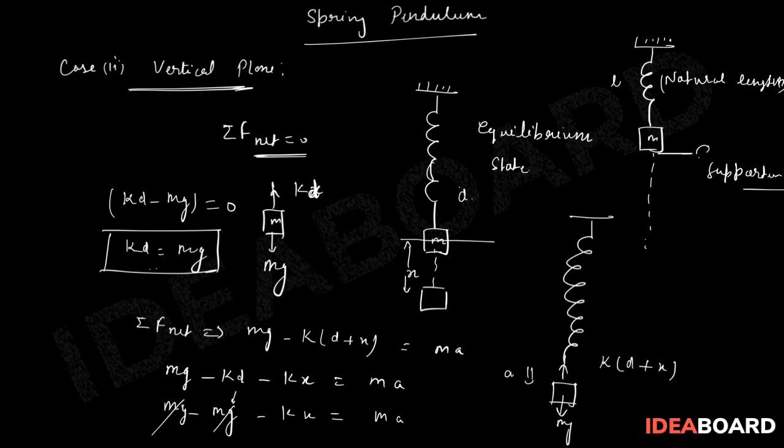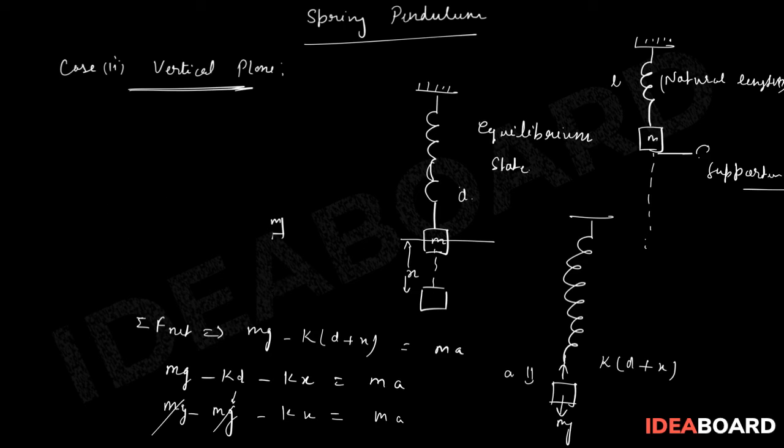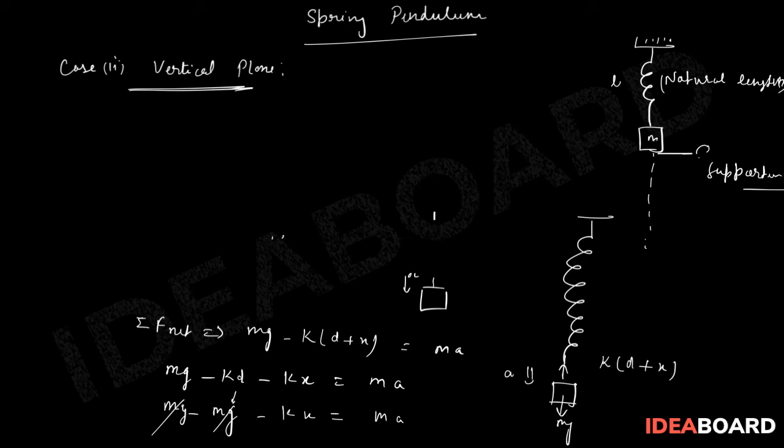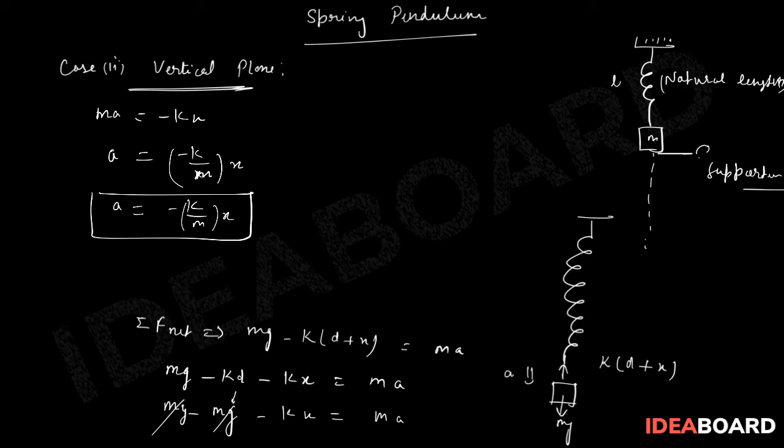Pretty interesting result I am achieving, which says ma is equal to minus kx, and from here again k by m into x. So I can write it a is equal to minus k by m into x. This is our equation. So that means here acceleration is proportional to x.